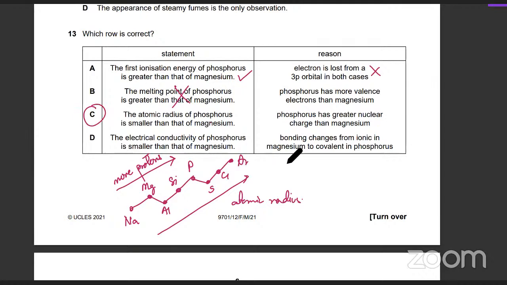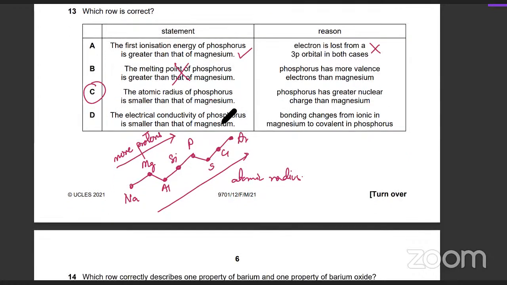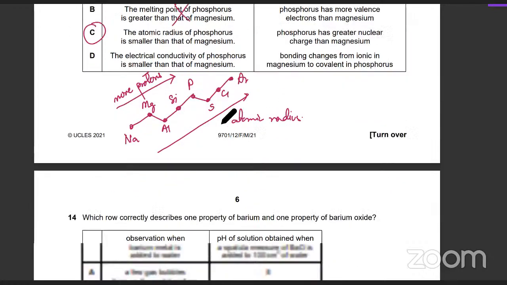There's more positive charge in the nucleus. Phosphorus has 15 protons, while magnesium only has 12 protons. So there's stronger attraction in phosphorus, which makes it smaller. Okay? So you clear that option C is the correct answer. Is this clear? Yes, sir. So next one.